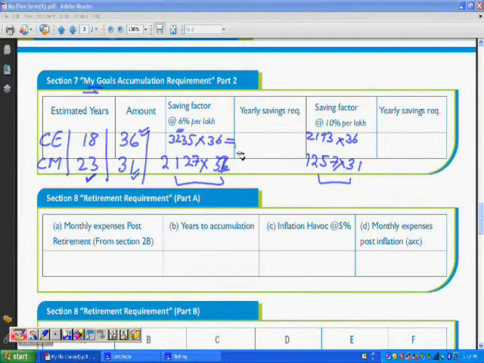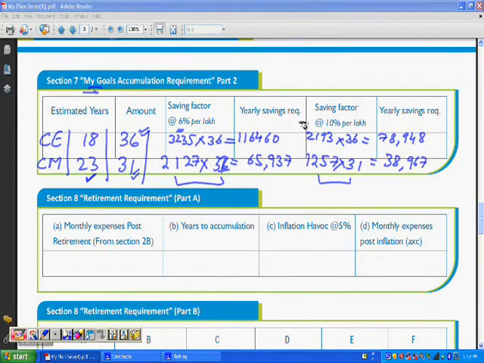If you multiply 3235 into 36, the figure you will get is 116460. 2193 into 36, the figure is 78,948. If you multiply 2127 into 31, you get 65,937, and if you multiply 1257 into 31, you get 38,967. Right, so we've done the calculations.